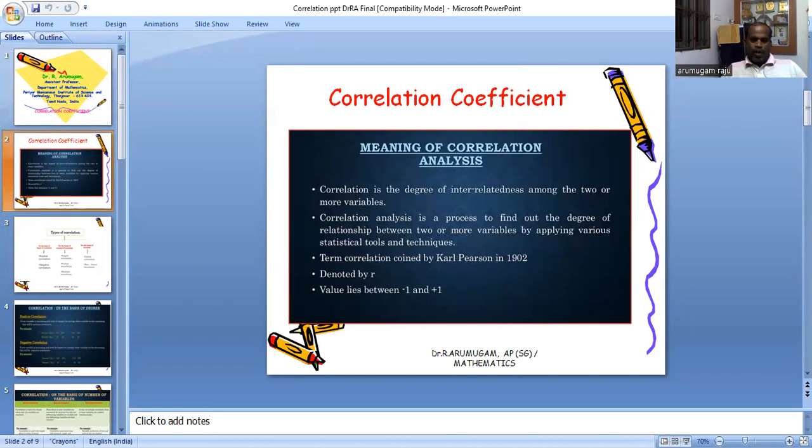We can also define correlation analysis as a process to find out the degree of relationship between two or more variables by applying various statistical tools and techniques.